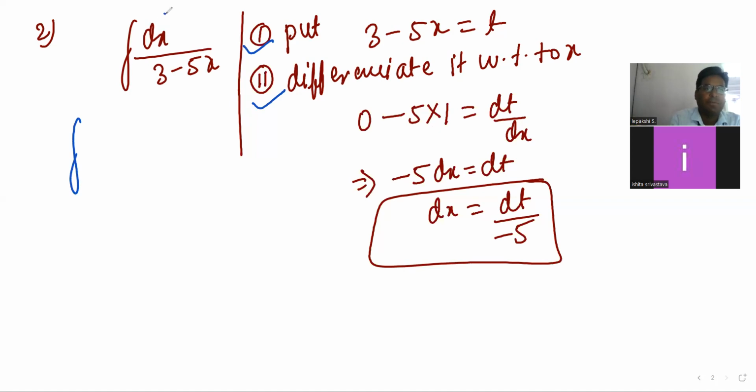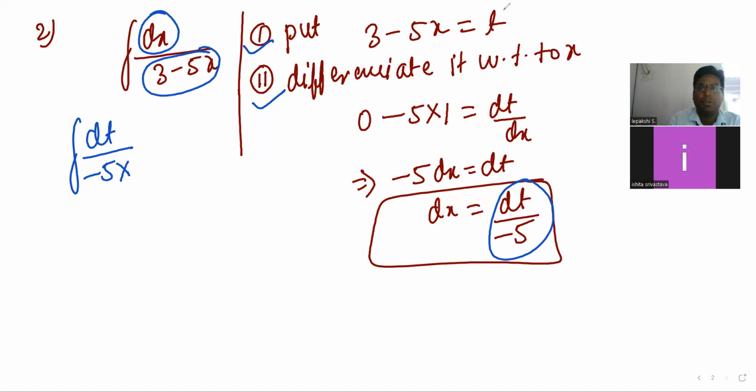So put here instead of dx, dt upon minus 5. Instead of 3 minus 5x, we have to put t. Now take the constant outside. So it will be minus 1 upon 5 integration dt upon t.